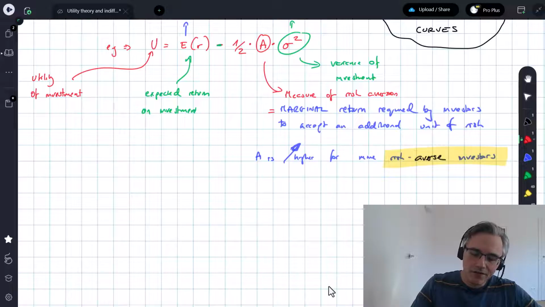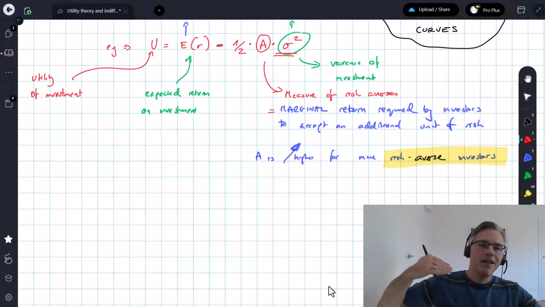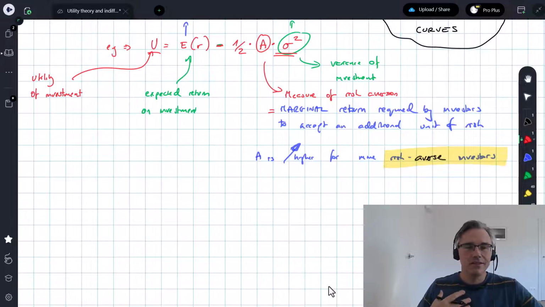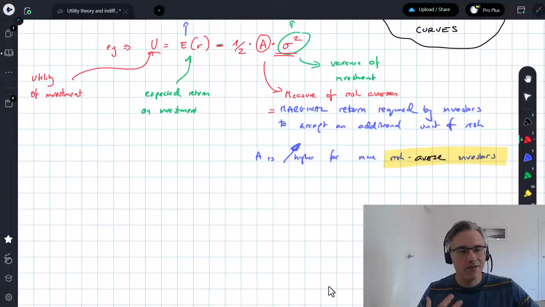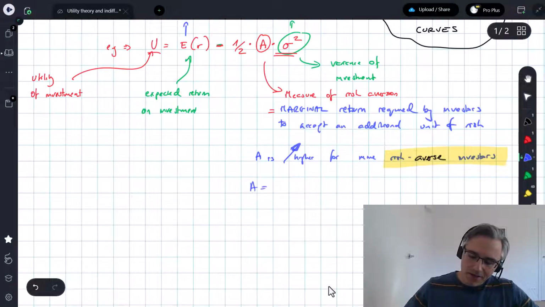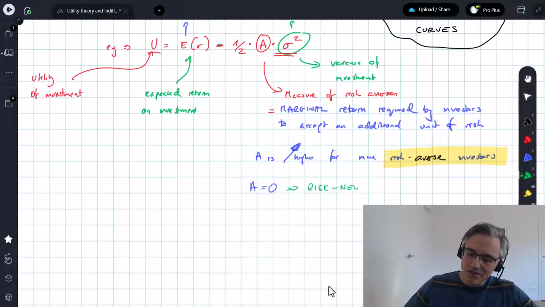You can think of it also as, additional risk causes them a drop in the utility, so that's sort of the value felt from an investment. If somebody has an A of 0, we would say that they are risk neutral, kind of risk doesn't do anything for them. So that's a risk neutral investor.